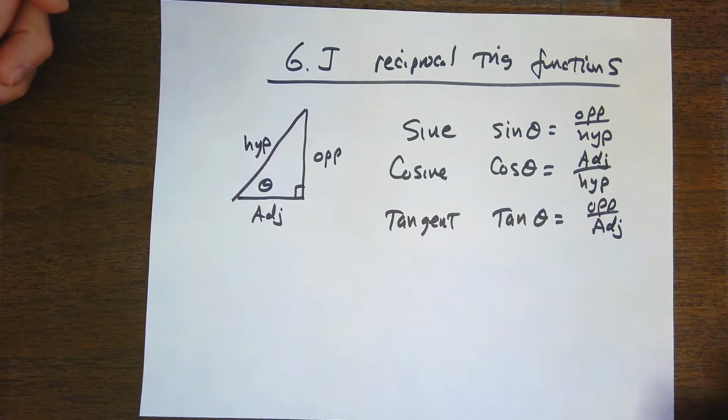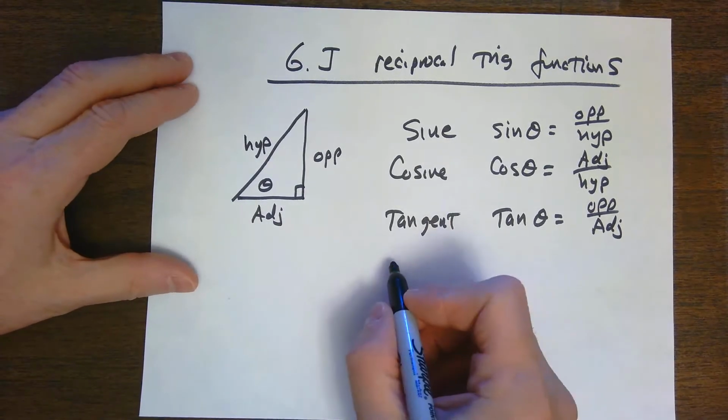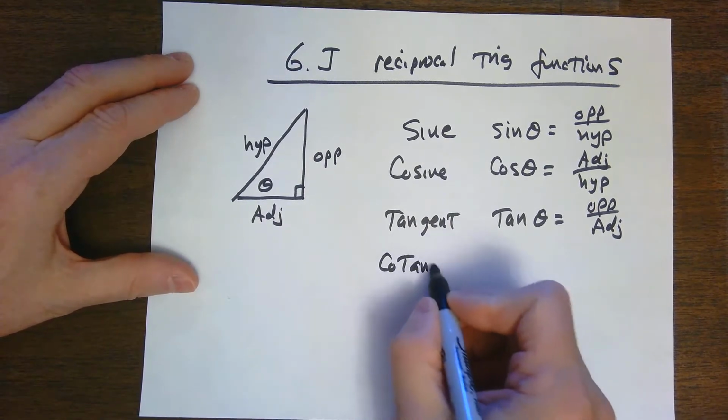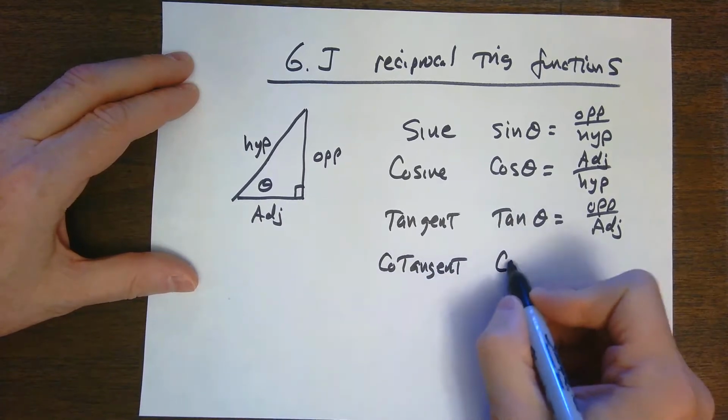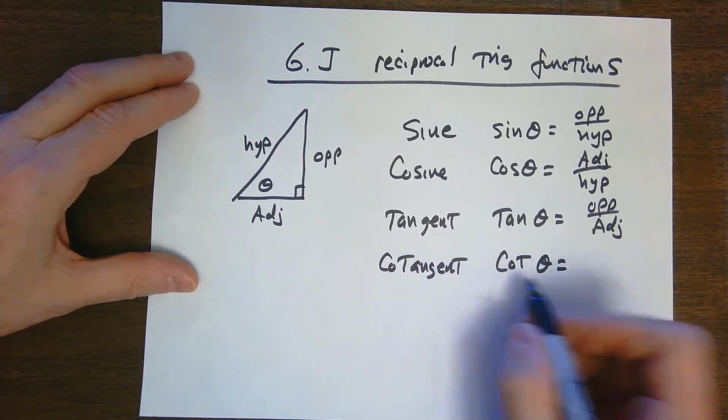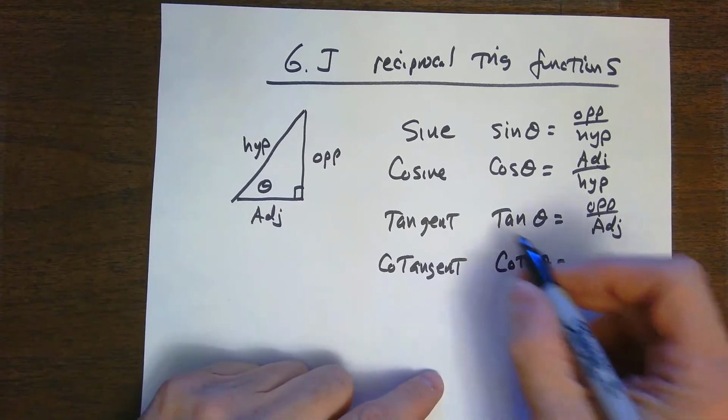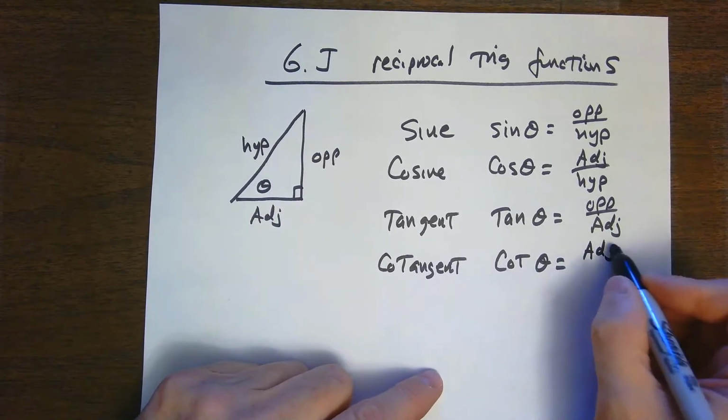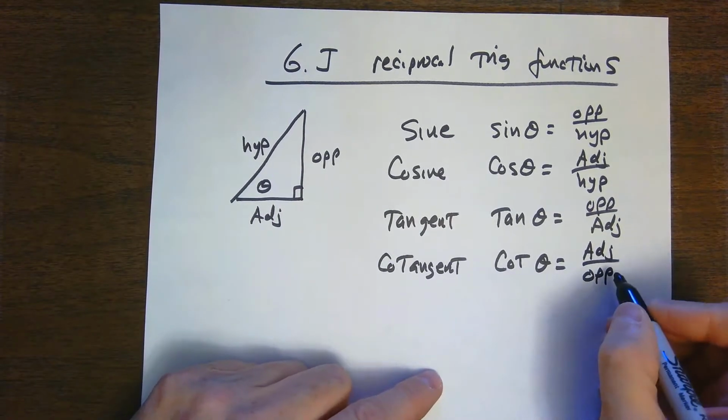We should know that these are the first three trig functions, and there's three more. We've got the cotangent, COT of theta, which is the reciprocal of the tangent, so it's the ratio of the adjacent side over the opposite side.